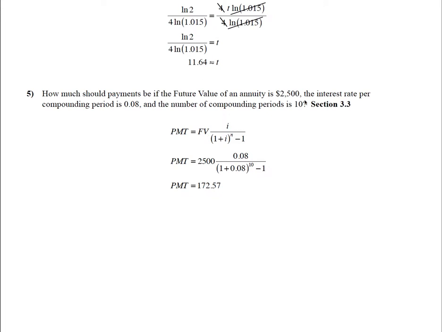And so we fill all these values in. 2,500 is the future value, goes right here. I is 0.08, goes right here. If you add 0.08 to 1, you get 1.08. That's then raised to the 10th power because the total number of compounding periods is 10.